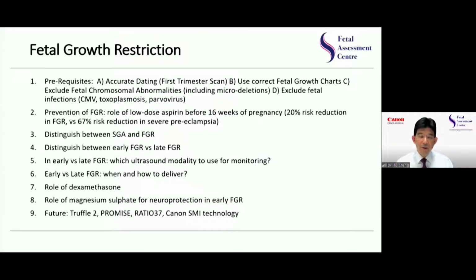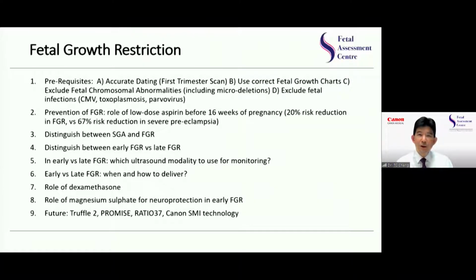And we're looking at organisms such as CMV, toxoplasmosis, and parvovirus that can lead to this. So it is important to make sure that we have done our prior work to make sure that our fetuses have at least been excluded from these possible causes, other causes of FGR or fetal growth restriction.